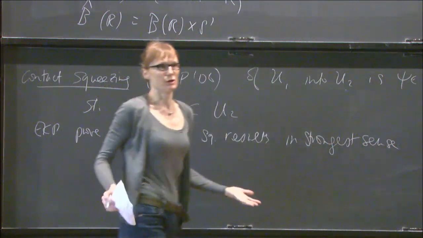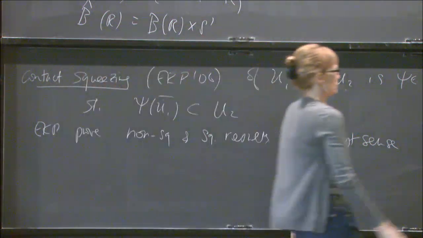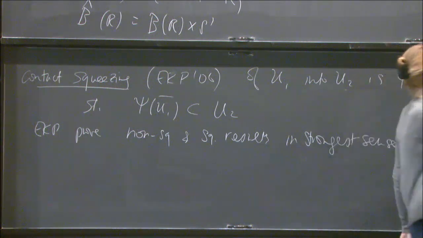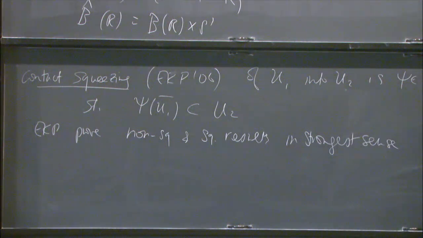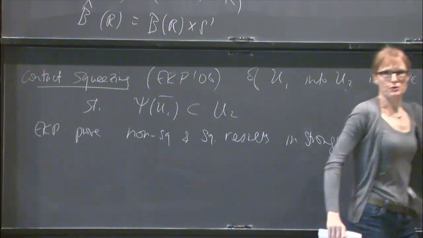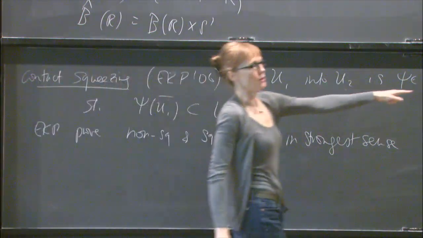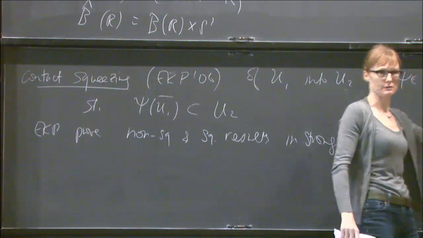So that would be a more general kind of squeezing. It's not terminology from EKP, but I'll just call that a coarse squeezing if we just require psi in Cont. So the existence of one of these is a weaker condition than that. On the other hand, non-existence of one of these is a stronger statement than non-existence of one of these.